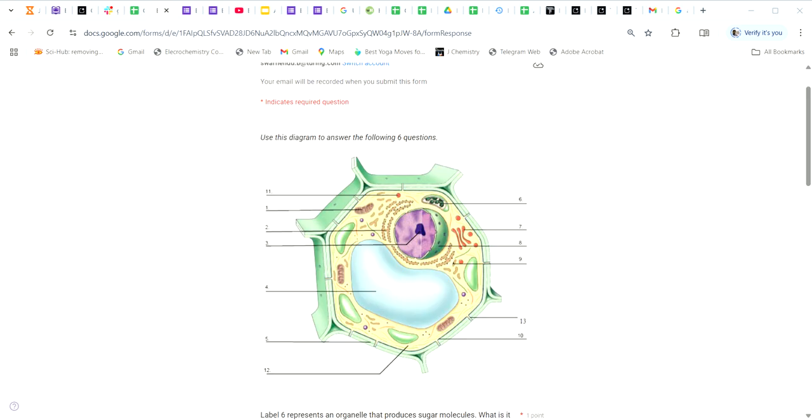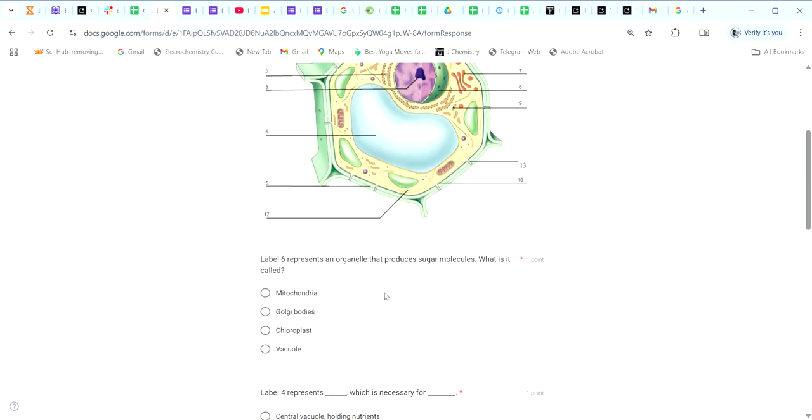Mitochondria make energy. Vacuole stores water and nutrients. Okay, I will go for mitochondria.